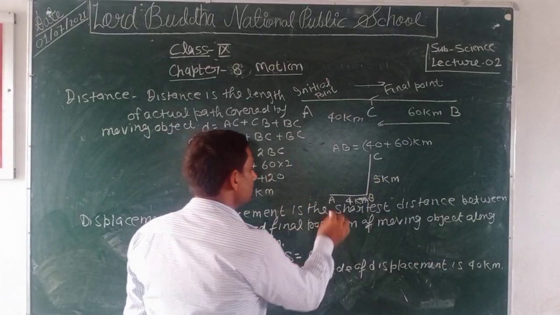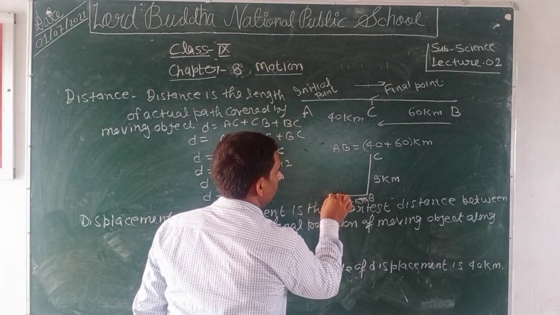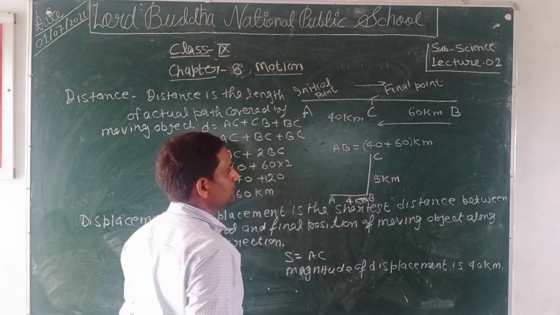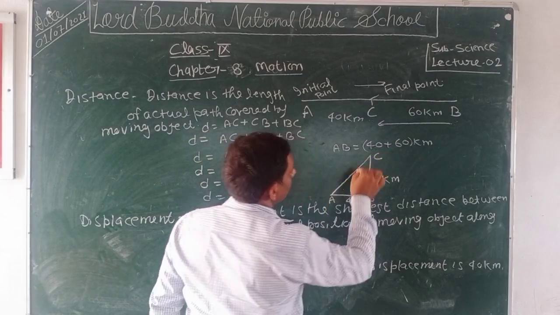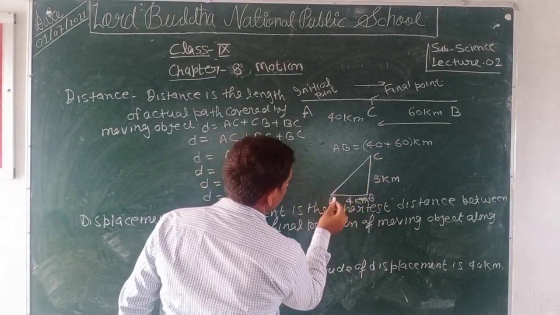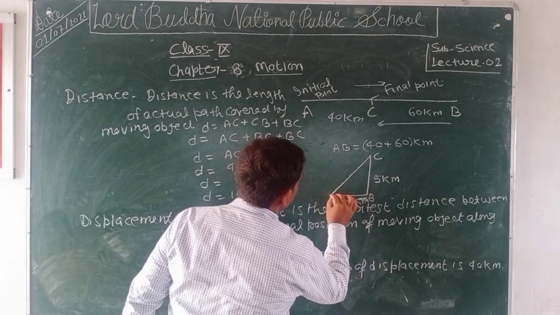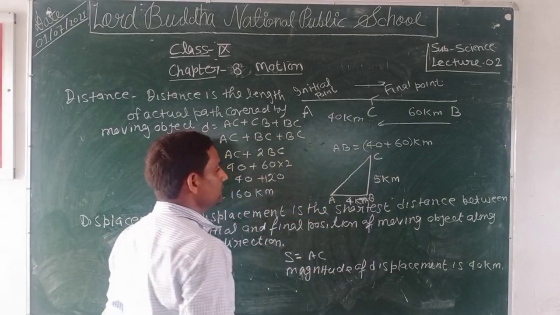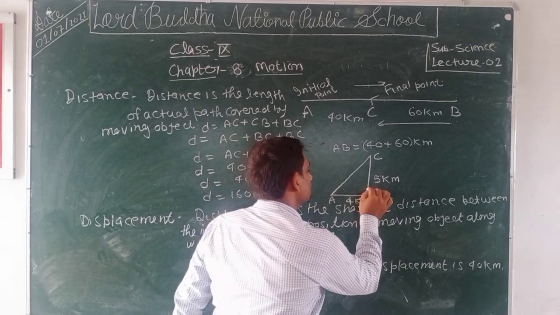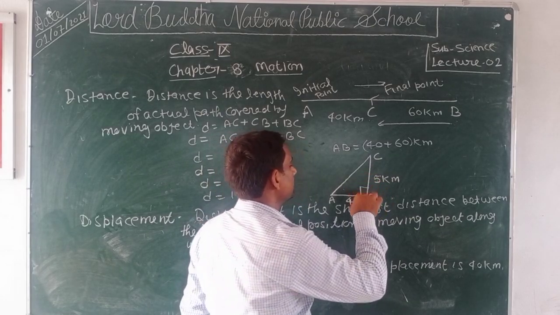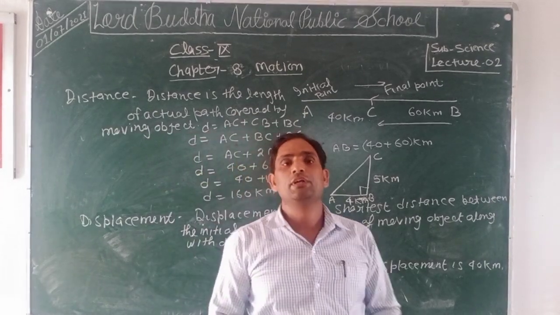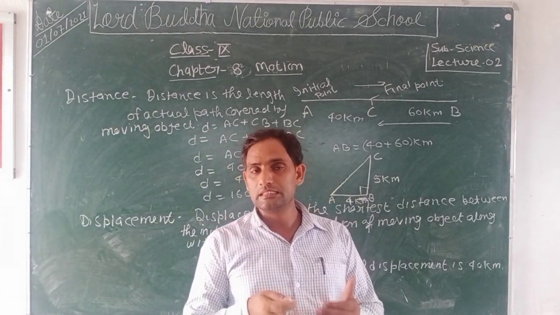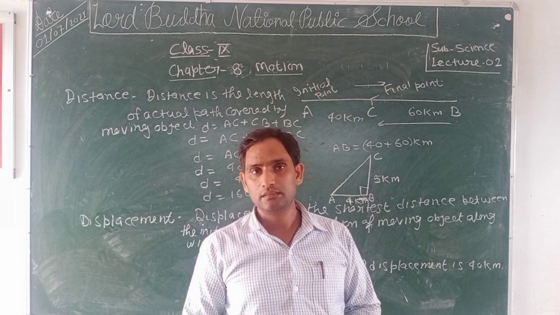The initial point is A and the final point is C. The shortest distance with a certain direction, we join AC. This is a right angle triangle. Now we calculate the distance and the displacement.